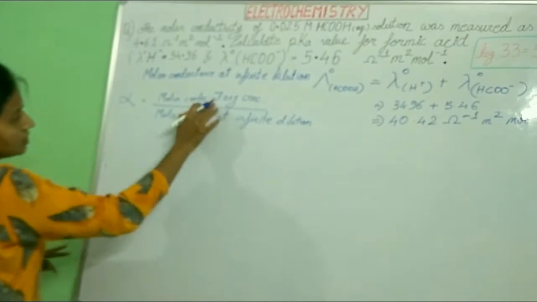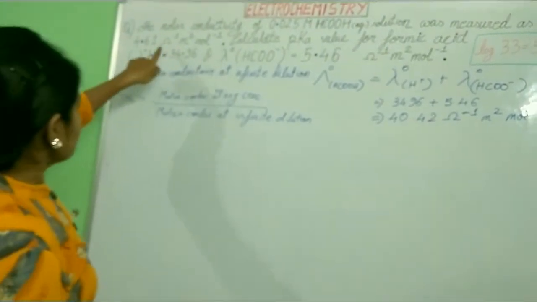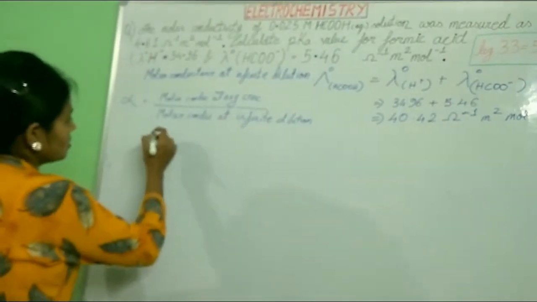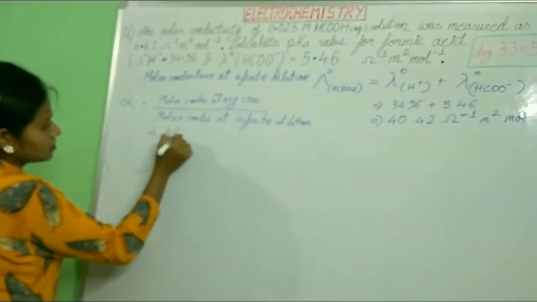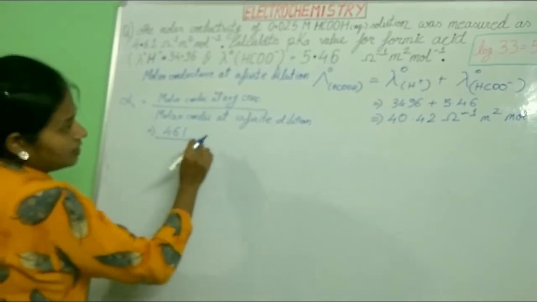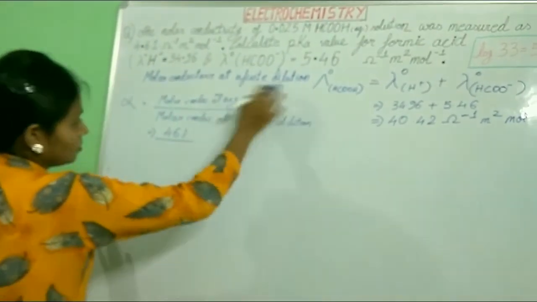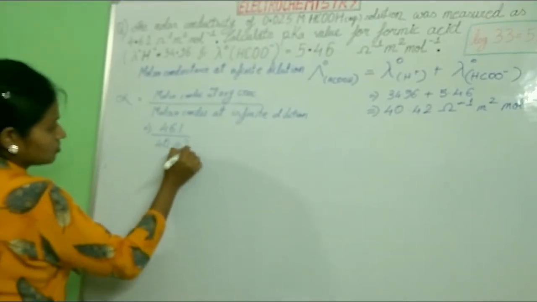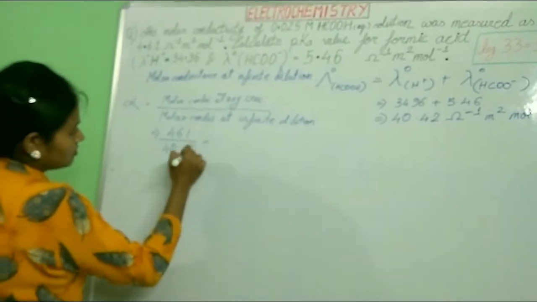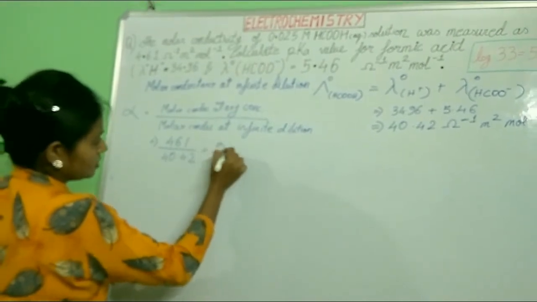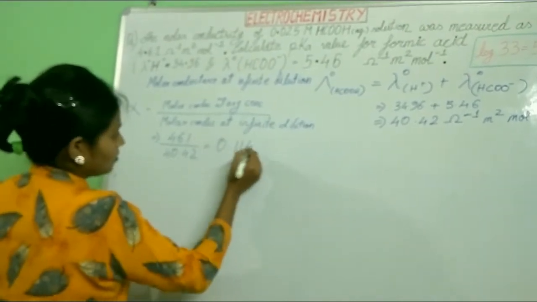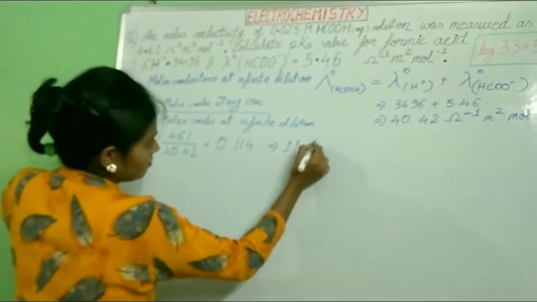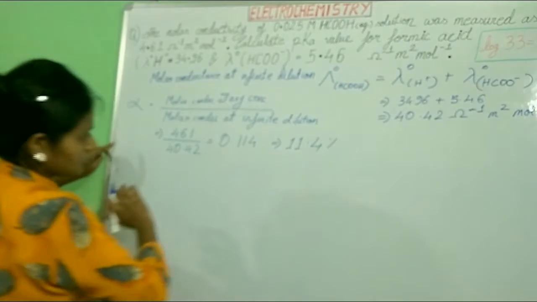So molar conductance at the given concentration, in the question the molar conductivity was measured as 4.61, divided by the molar conductance at infinite dilution, that is 40.42. If we calculate, we will get 0.114, or we can also say the degree of dissociation is 11.4 percent ionization.